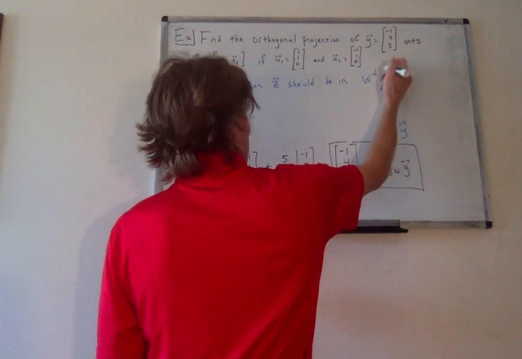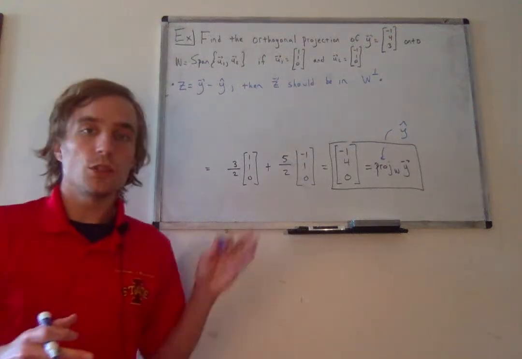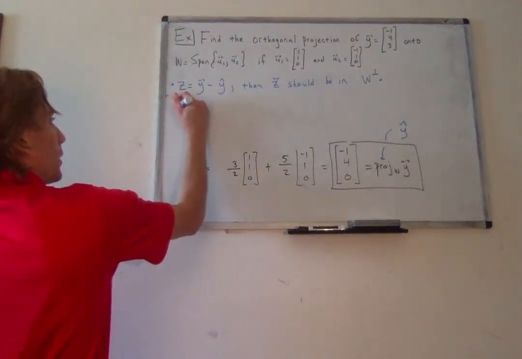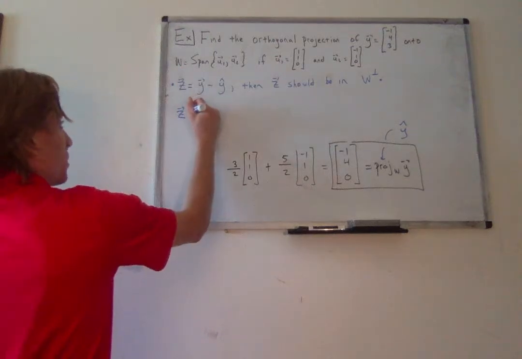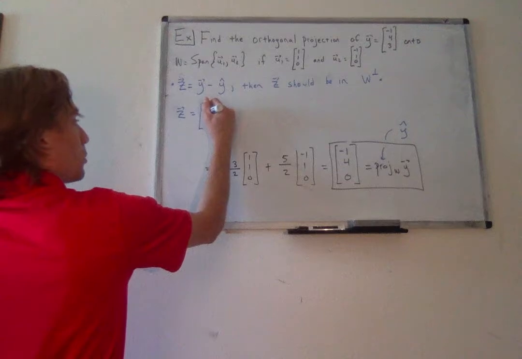This is the way you can check whether you did the work correctly. What you should always do after calculating a projection like this, especially because there's so much arithmetic, is quickly do this subtraction.